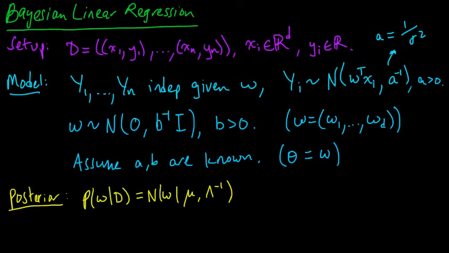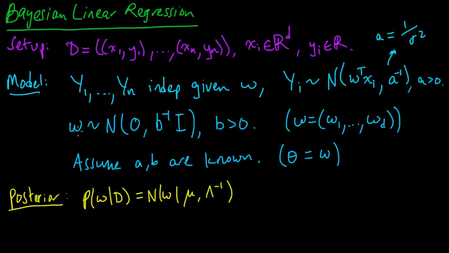Welcome back. We're doing Bayesian linear regression, and in the previous couple videos, we started out by defining the standard linear regression model, and then we put this prior on the parameter vector w, and that was the first step to being Bayesian.